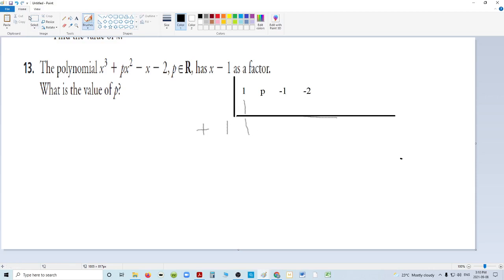1, and I'll just put my root further away so that it's less close. 1 times 1 is 1.